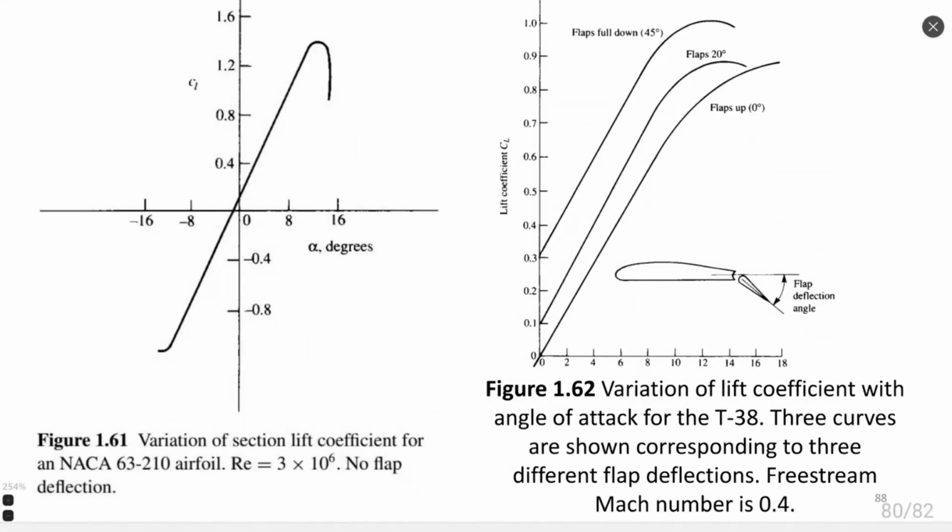Second parameter is lift coefficient. For different airfoils, lift coefficients are different. The typical values are these, as you see on this picture. This NACA 63-210 is a very performant airfoil.